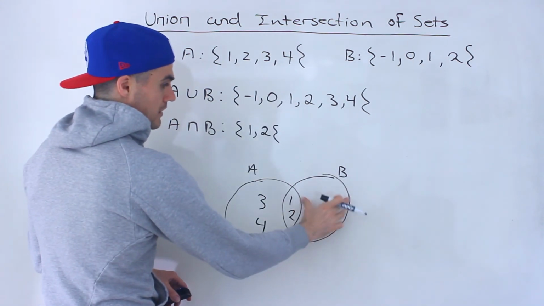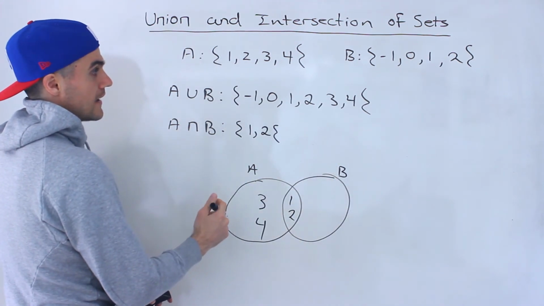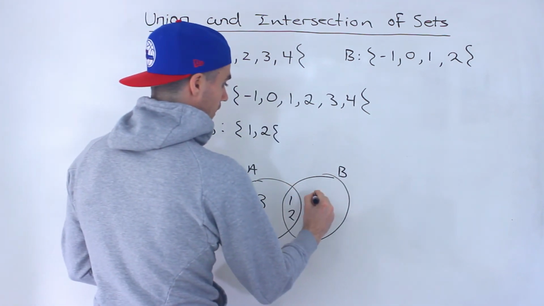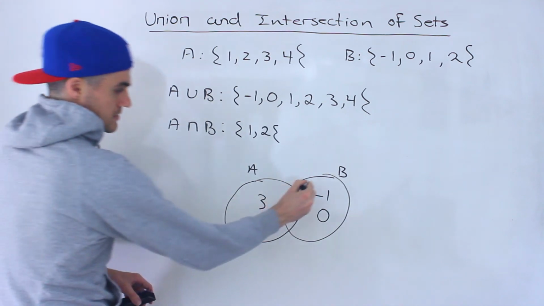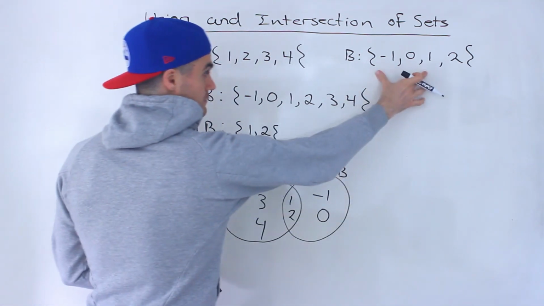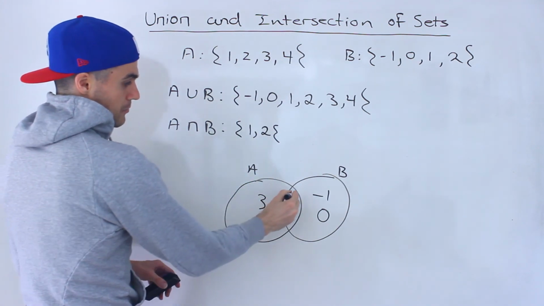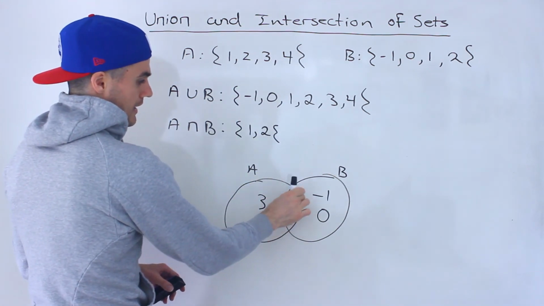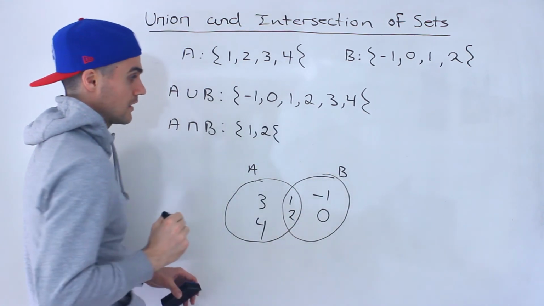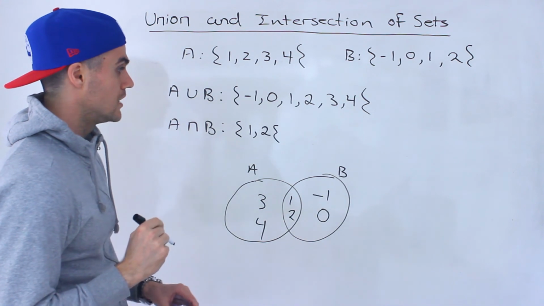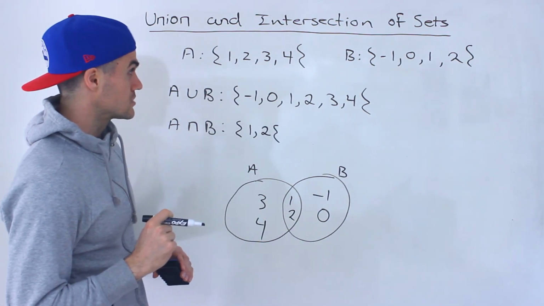And over here, this area is the elements in set B, but not in set A. That's going to be -1 and 0. So this circle has all the elements of B, and this circle has all the elements of A. But more specifically, this area is the elements that are both in A and B, the intersection of both of them. That's another popular way to show how unions and intersections work.